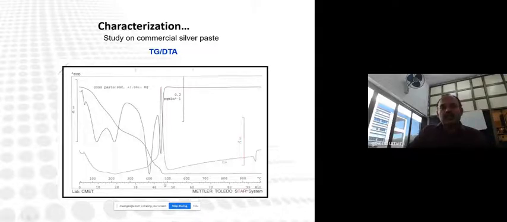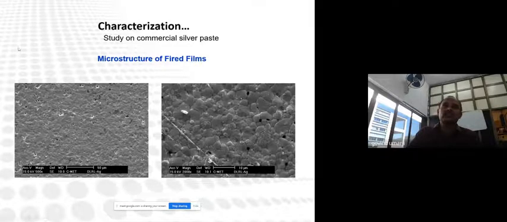In this case, we observe that at around 500 degrees Celsius the organic gets burned off, and approximately we get an idea that they are using an organic to inorganic ratio of 60:40 or 70:30 in this composition. So we have done TG-DTA.